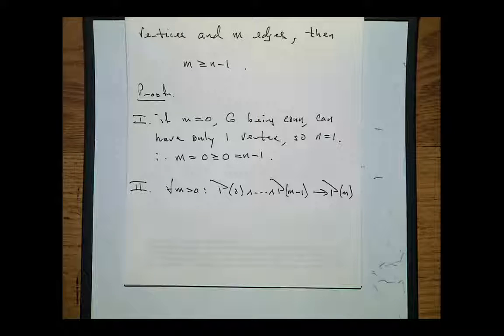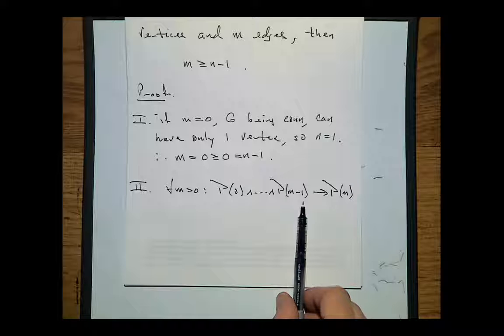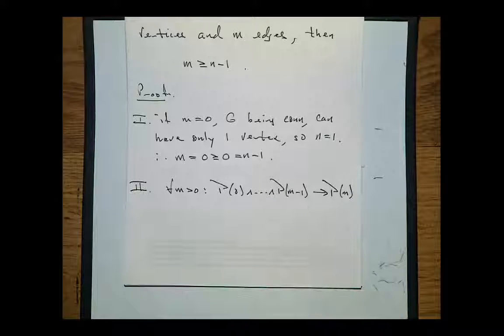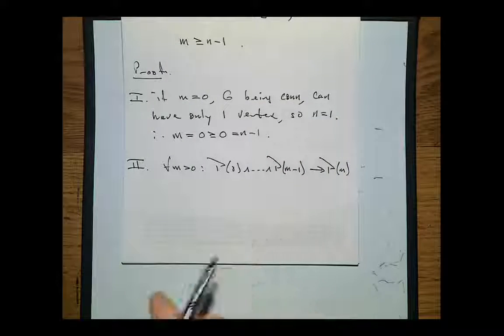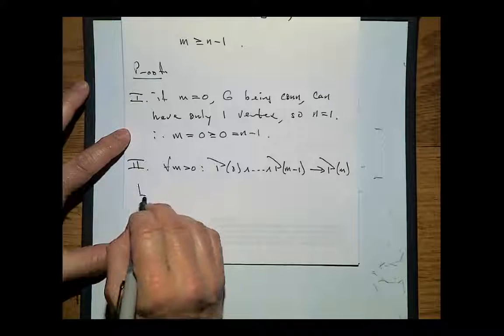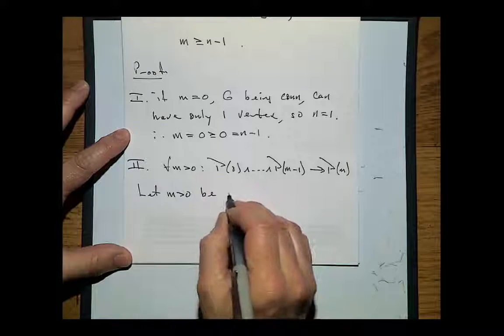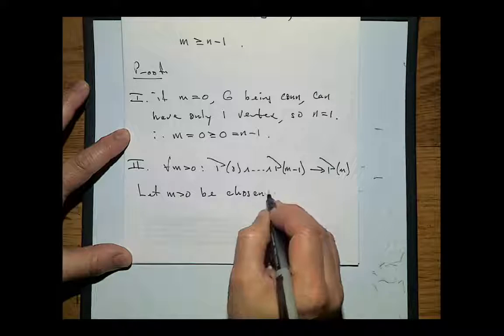This is the strong induction hypothesis. All dominoes starting at 0, ending at m minus 1 have fallen. Show as a consequence that the mth domino falls. So how do I start? Let m be greater than 0 be chosen arbitrarily.